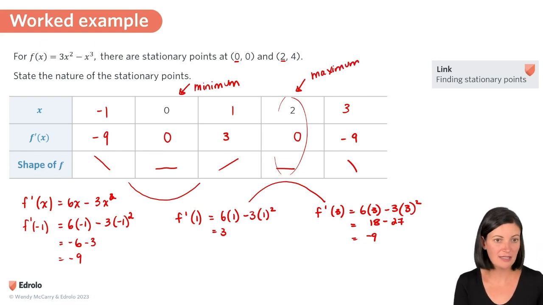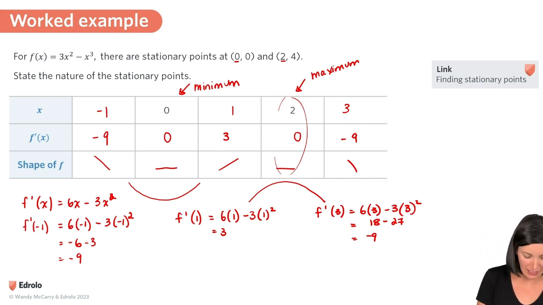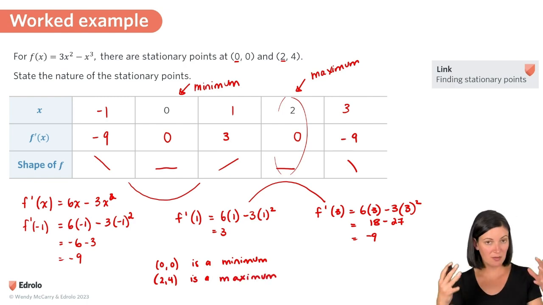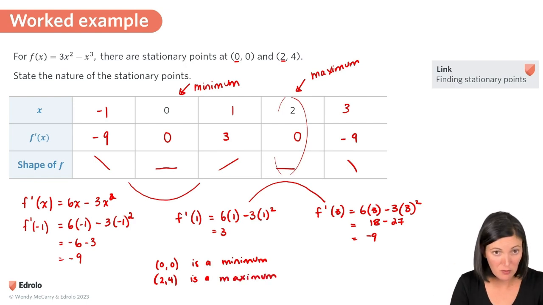So the question says, state the nature of the stationary points. So we might answer the question by writing something like (0, 0) is a minimum, and (2, 4) is a maximum. But it's really important that we have proof of why each is a minimum or a maximum. So you can't just guess and have a 50-50 shot.